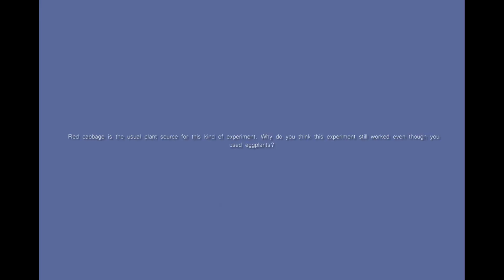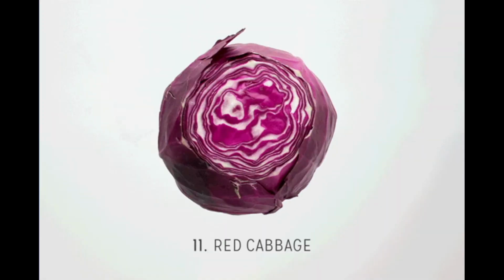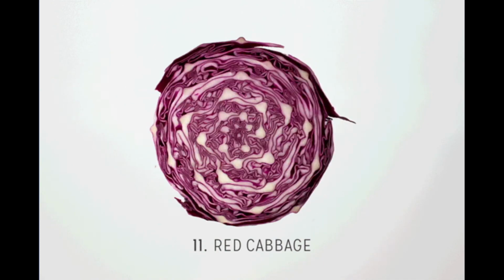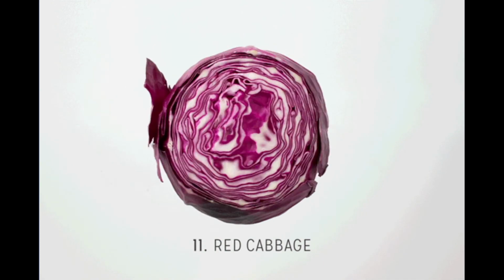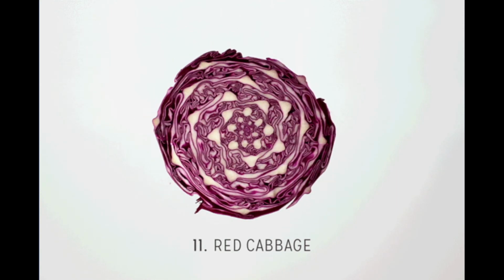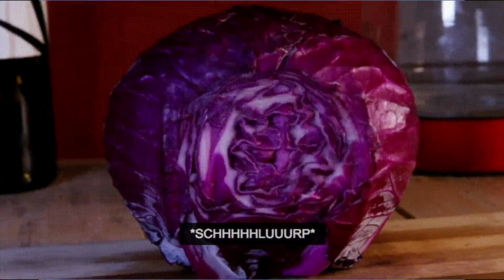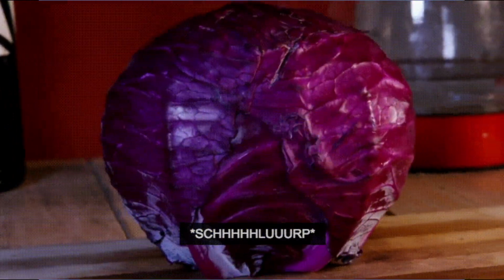And for the final question, red cabbage is the usual plant source for this kind of experiment. Why do you think the experiment still works even though you use eggplants? The molecule in red cabbage responsible for the colors is the anthocyanin. If we go back to what we have said, anthocyanins also exist in eggplants and other plants that are usually our food source.